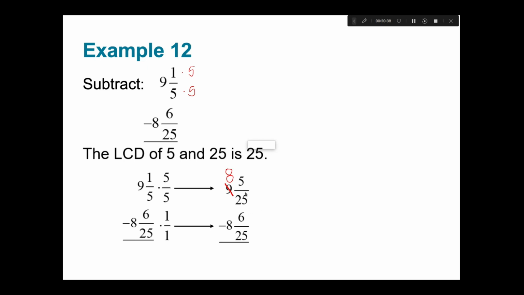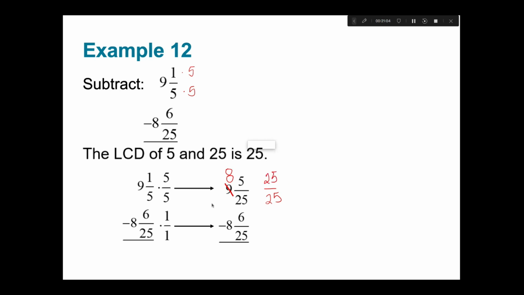Okay, so we're looking at our denominator of 25. If I wanted to write a fraction that equaled 1 with a denominator of 25, what would it be? So close. We want it to reduce down to 1. 25.